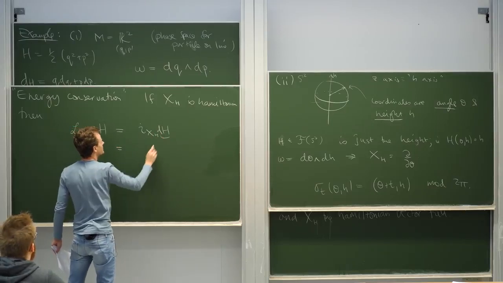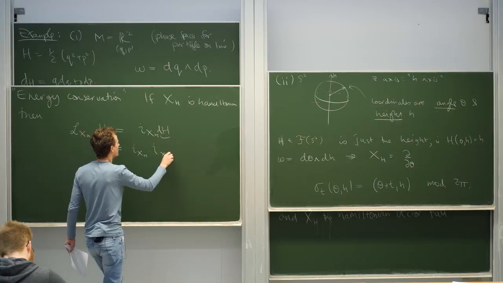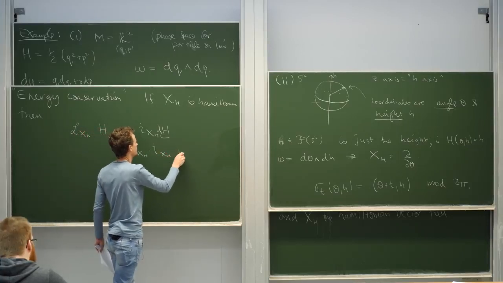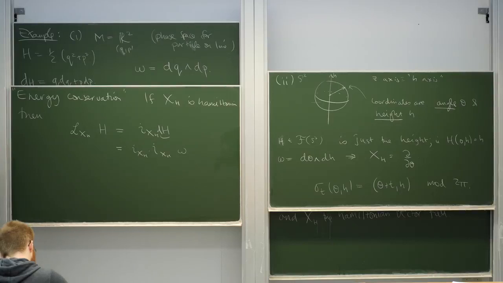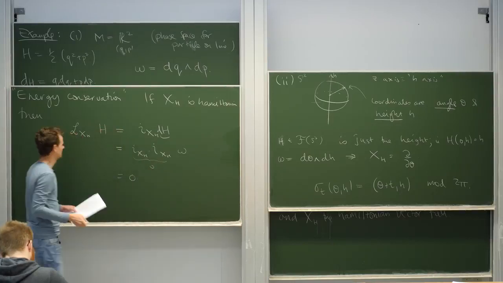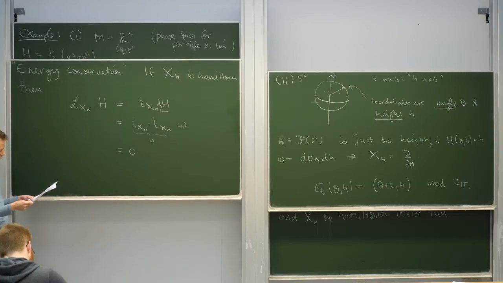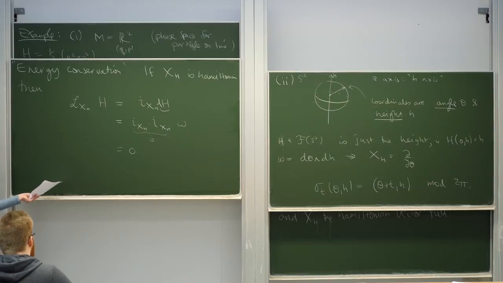But let's use the definition of dH as the interior product of the symplectic two-form like that. But now we know that this vanishes. So the Lie derivative of H is 0. And as a consequence, we're going to learn that the level sets of H are left invariant.